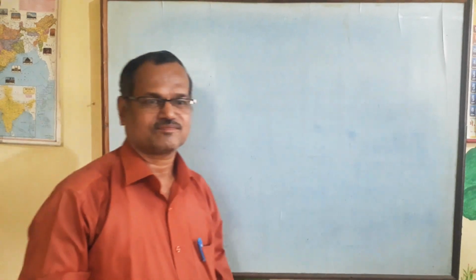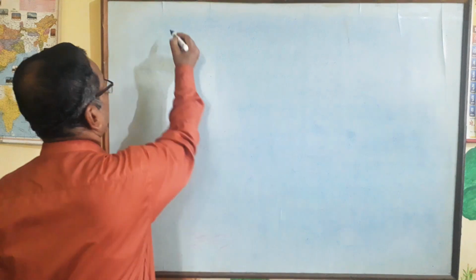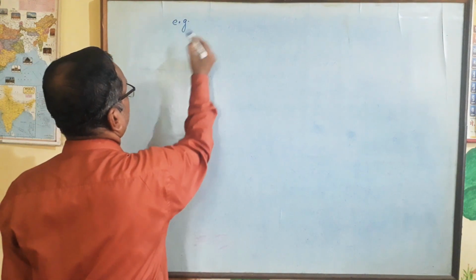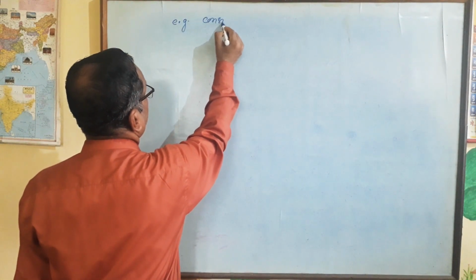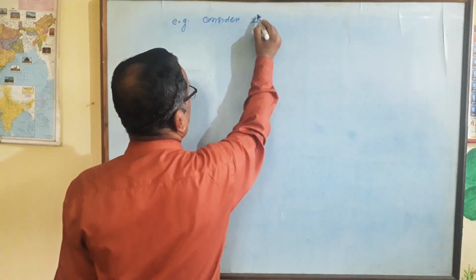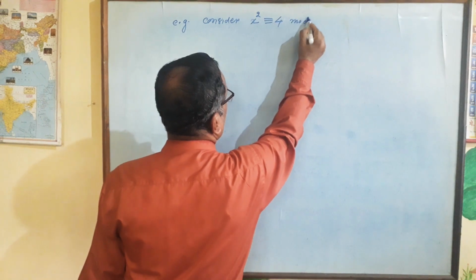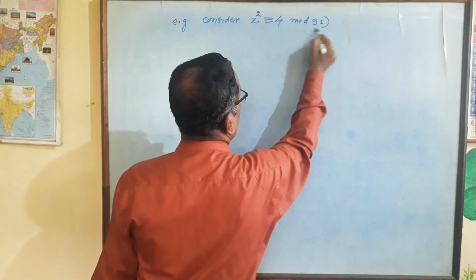Okay. So let us start with an example. Consider the congruence x square congruent to 4 mod 91.